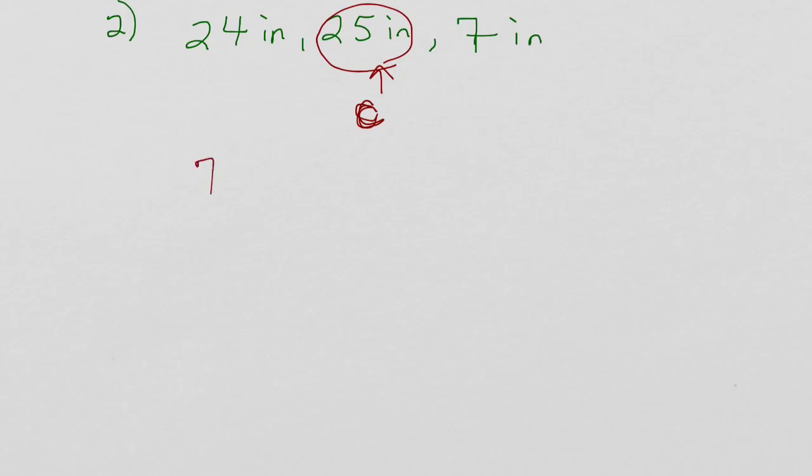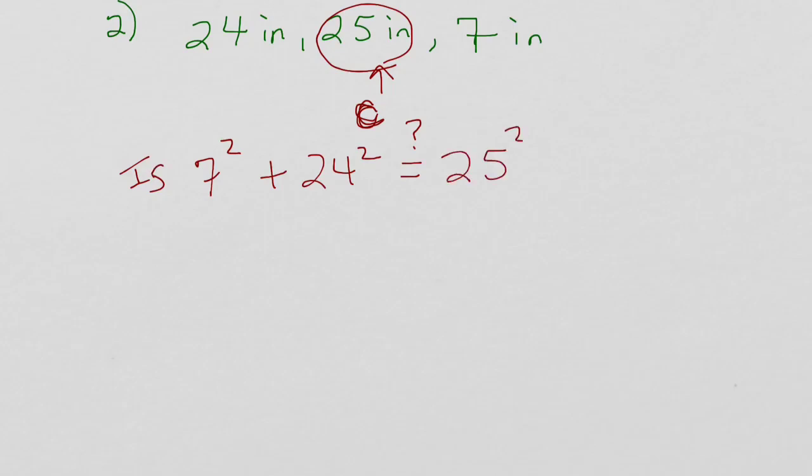So we're going to have 7 squared plus 24 squared. Is this equal to 25 squared? So 7 squared is 49. 24 squared, if you don't know, you can just do the multiplication. And when you actually multiply them, you should get 576.